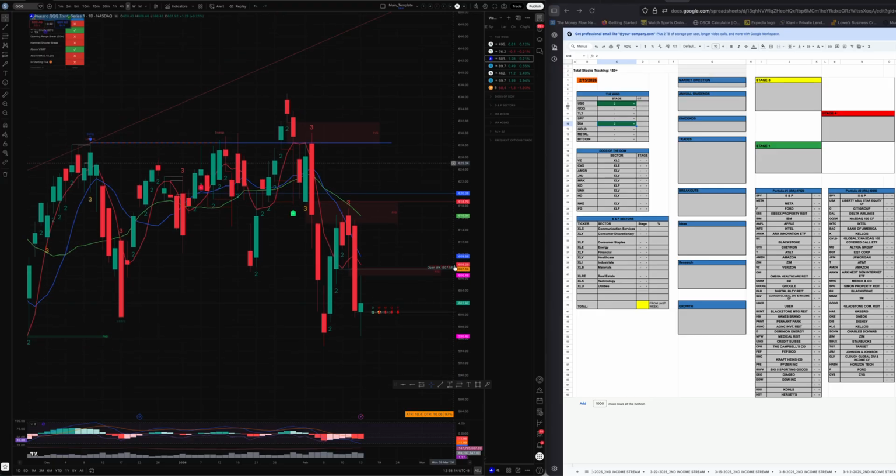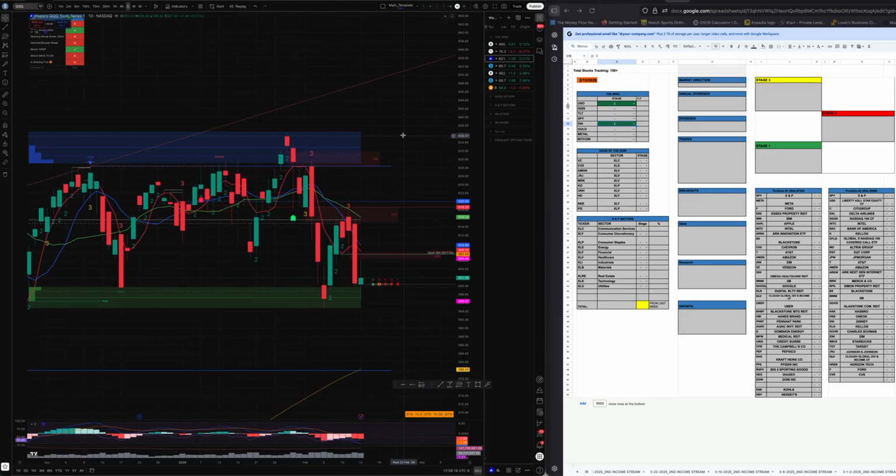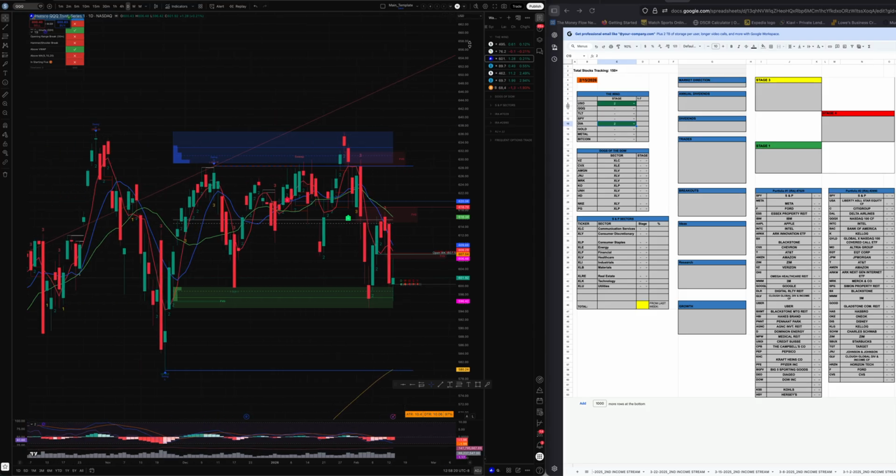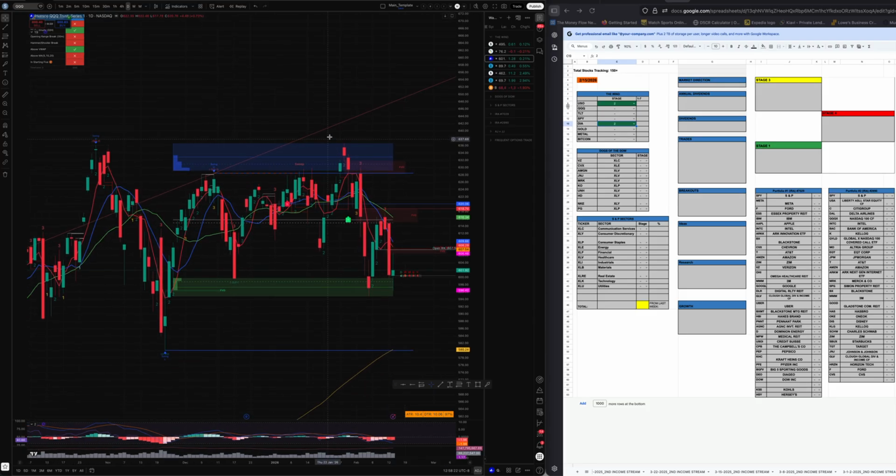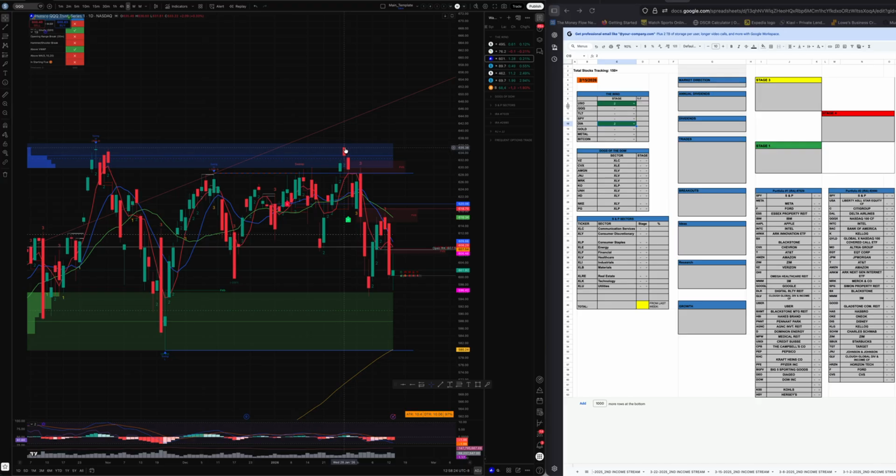This is QQQ. QQQ is still in stage four, which is considered when price is in a bearish movement, going downtrend. As you can see, price is below the 20-day, the 10-day, and the 5-day moving average.